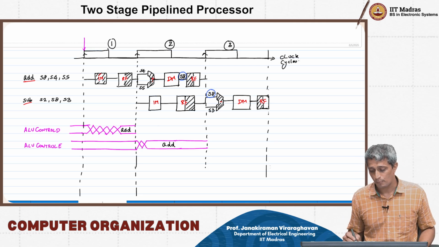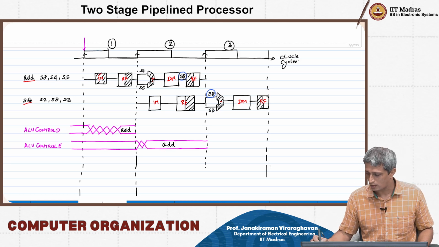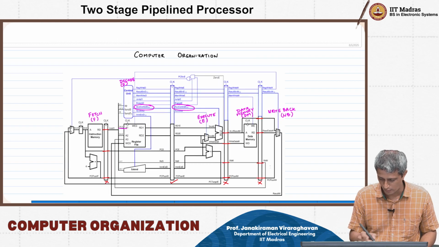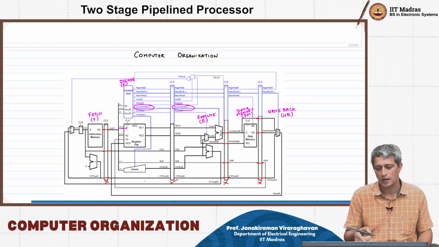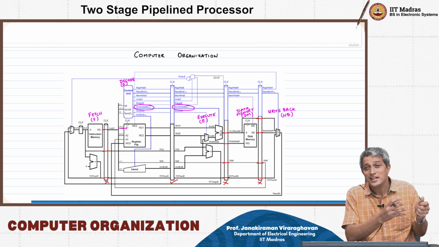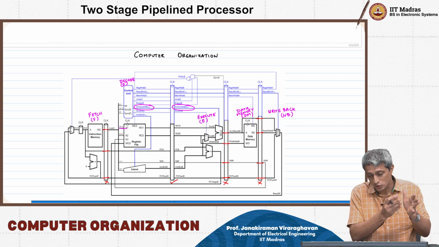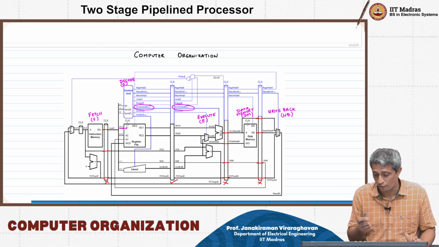Now what is going to happen? You need, of course, the data which has gone past this flip-flop. The RD1E, RD2E are the signals that are going to carry the register data into the ALU. So that also will get read out from the register file.